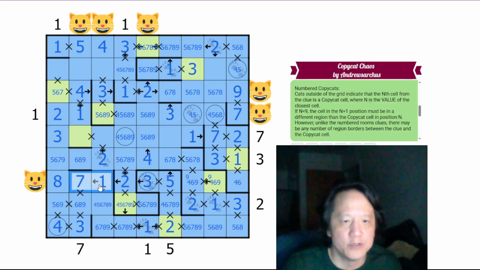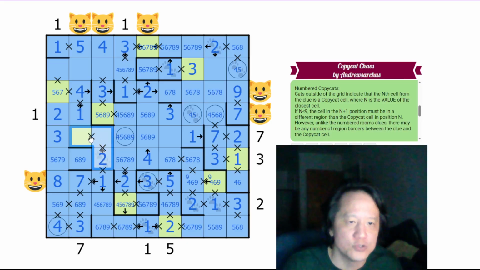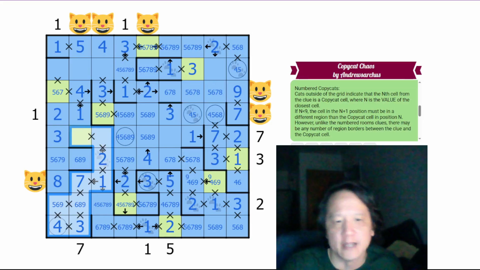So we know this must go this way. This is not a boundary, because we need to access 2 away from the copycat cell. So 1, 2, 3, 4, 5, 6, 7, 8, 9. So that's done as a region.